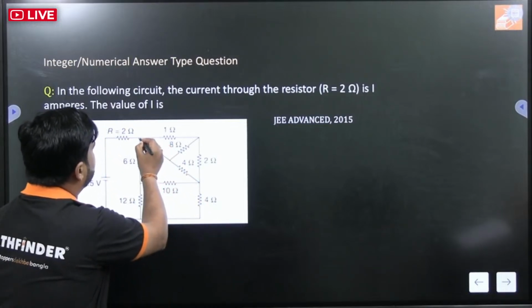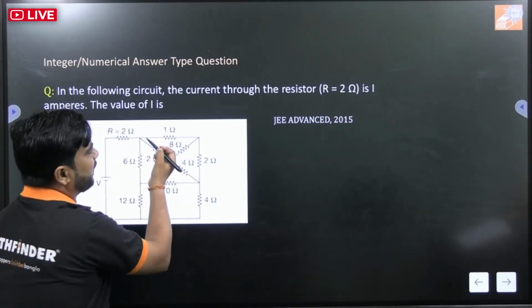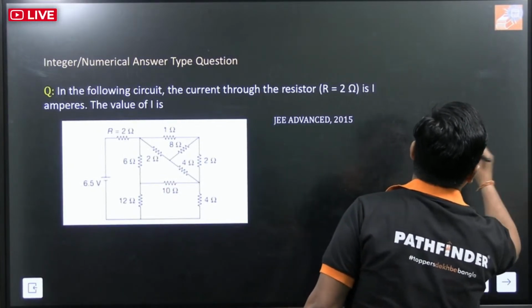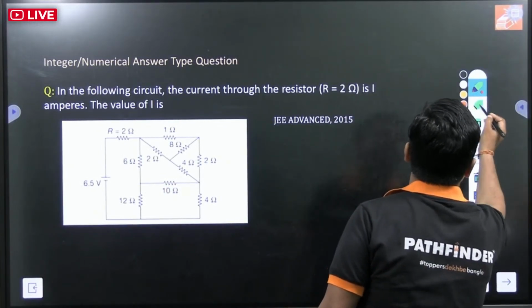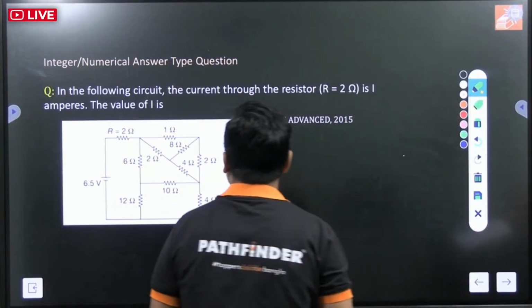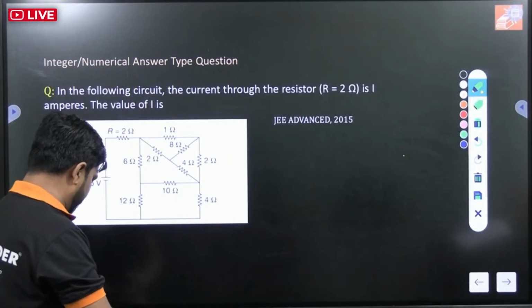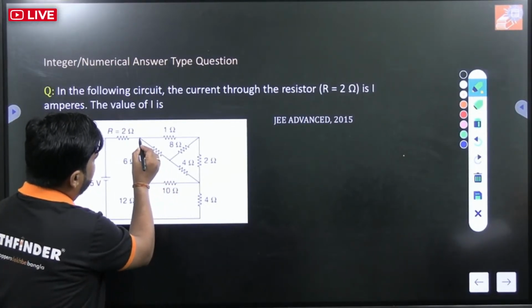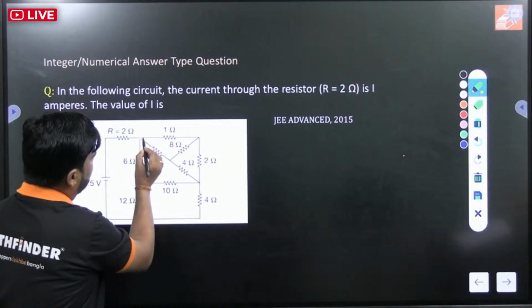Just try to observe. Let's see, 1 minute. Let me select the pen. If you see the pattern of this question, try to see the pattern here and here.